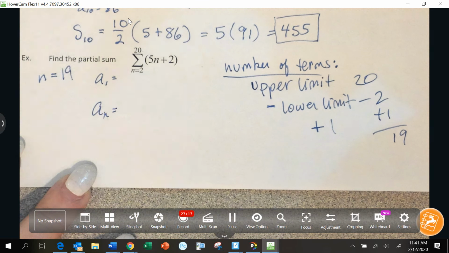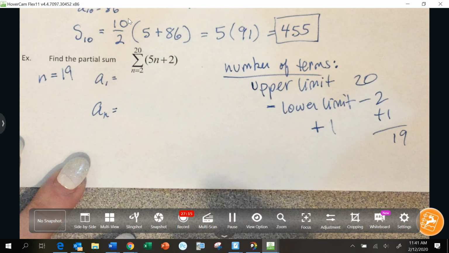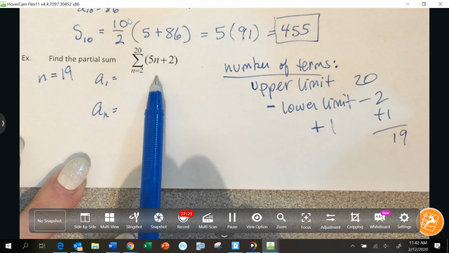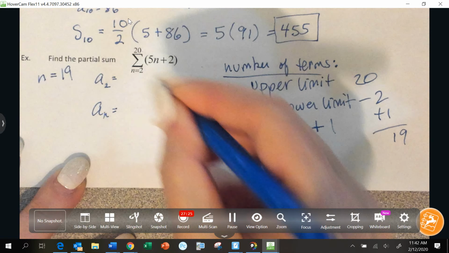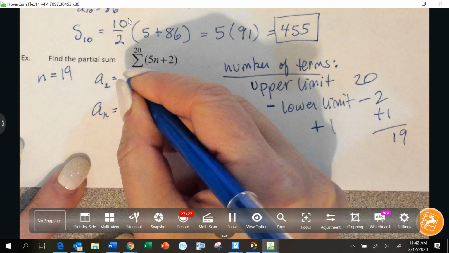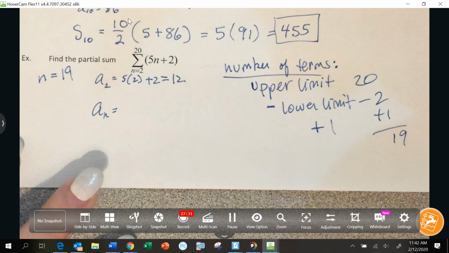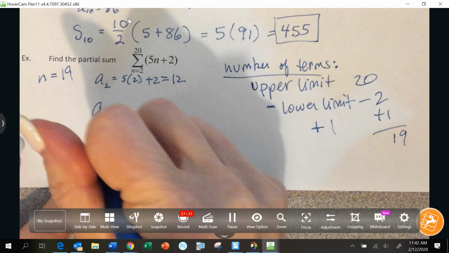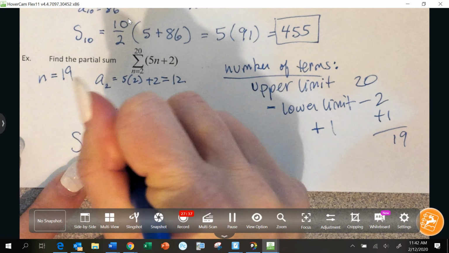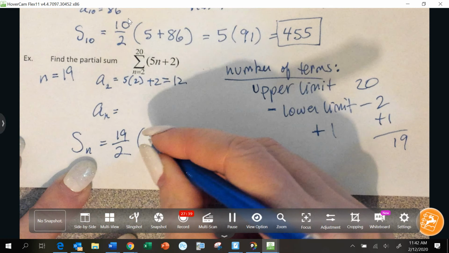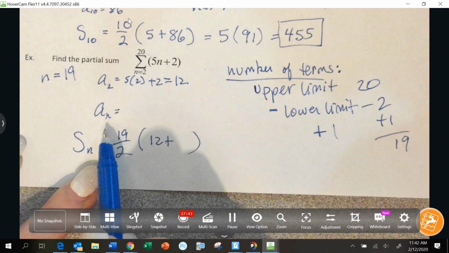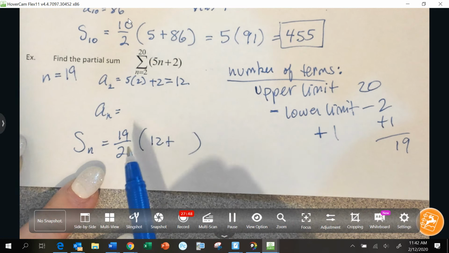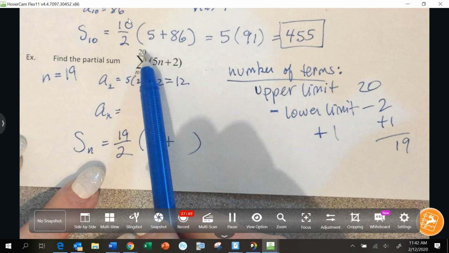So I actually don't want a sub 1. I want the first term, but I don't want a sub 1. What do I want to plug in? I actually want a sub 2 as the first term, which is plug in 2. I get 12. And then my last term. So there's 19 terms, but the 20th one is what we're doing.